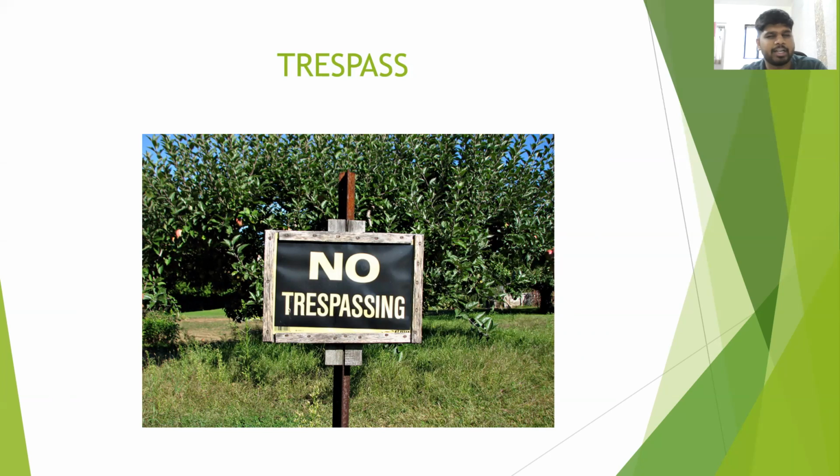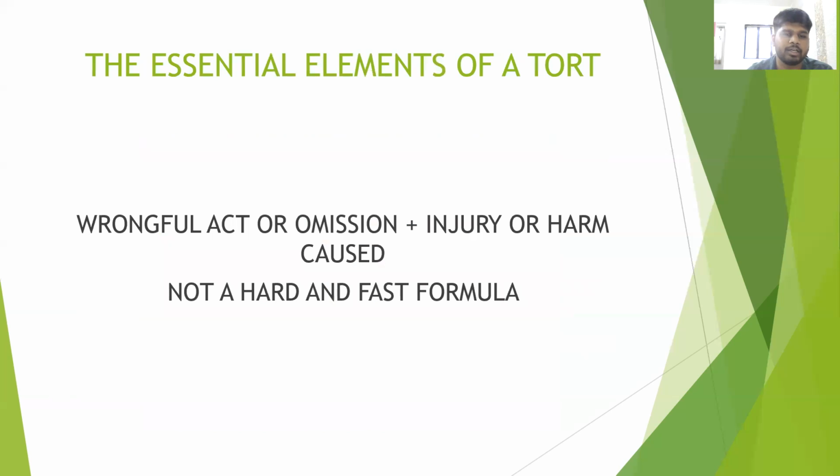So what is the wrongful act here? The wrongful act here is me entering the property without the owner's consent or authority, in spite of there being this sign, or in spite of me knowing that I should not be on this property. That fulfills the first criteria, which is the wrongful act criteria.